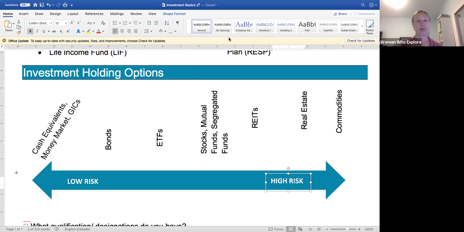Now, I say higher rate, I don't mean high rate, because GICs right now are paying very, very low rates. Up in Canada here right now, you'd be lucky to get maybe 1.5% on a 5 year GIC. So what they're saying is if you give them your money for 5 years, they're going to pay you 1.5% after 5 years.